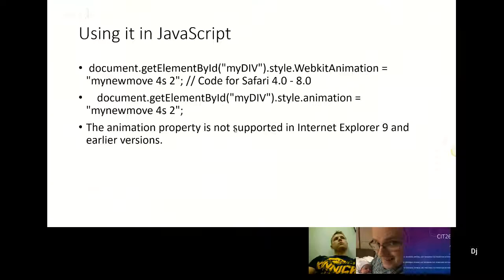Then for using JavaScript, I have 2 examples there. You have one for WebKit browsers, and one for anything that's not WebKit. IE 9 or below is not going to work.